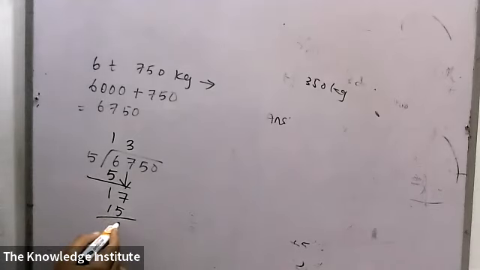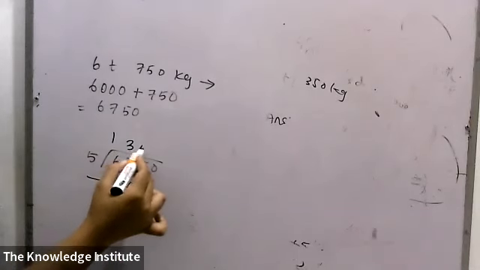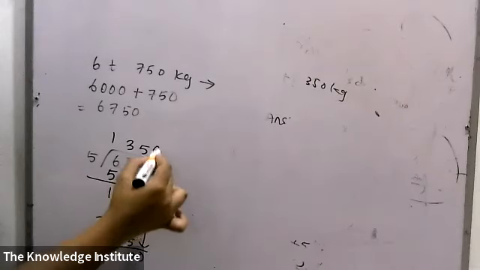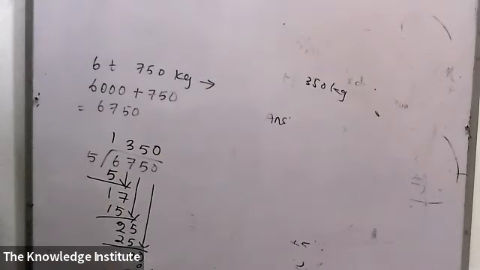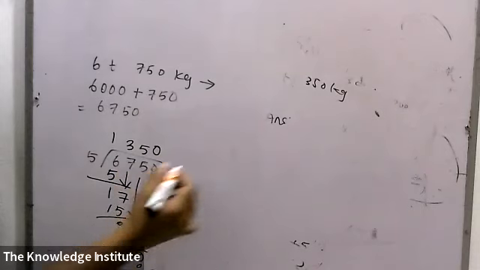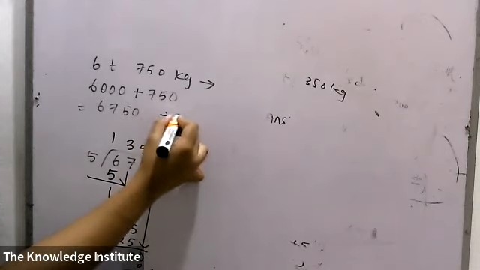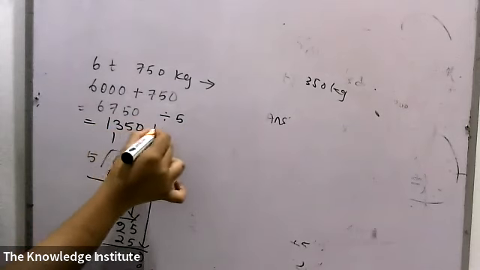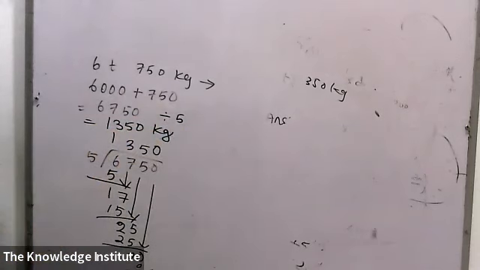From 17, if we subtract 15, 2. 25. In 25, we have 5 5 times. 5 fives are 25. You have a 0. In 0, you don't have, therefore 0. So 6750, if we divide this by 5, your answer will be 1350 kilograms. Understood? Yes, teacher.